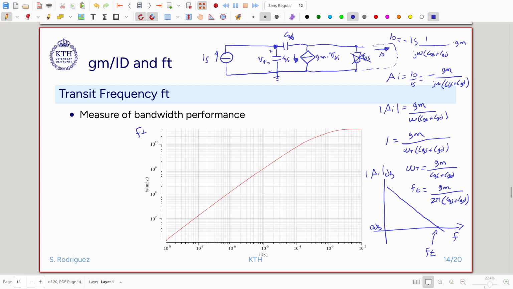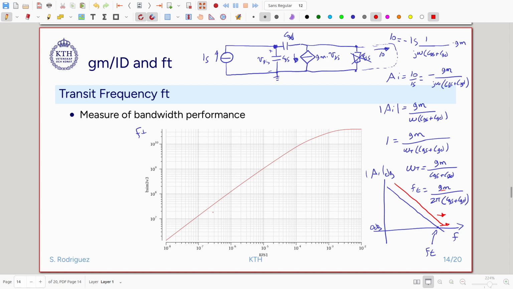The transit frequency will be growing with the current. So we can see it in a different way. This point and the whole curve is going to move towards the right if I put more current in this transistor, because the transconductance will grow. Okay, so the same information I have it here. I'm increasing the current, and then the transit frequency will increase.